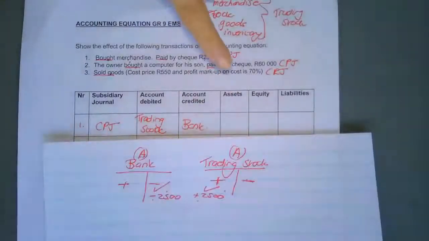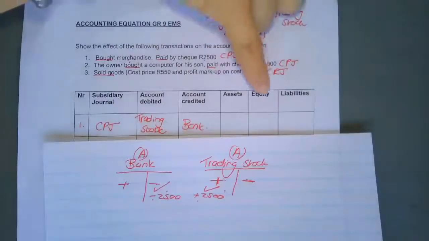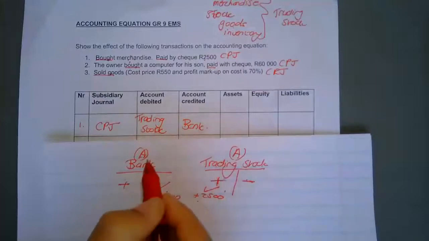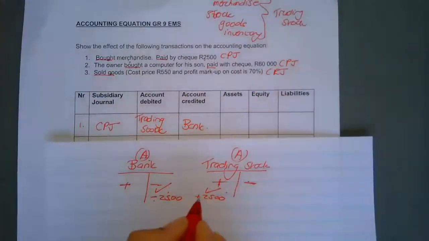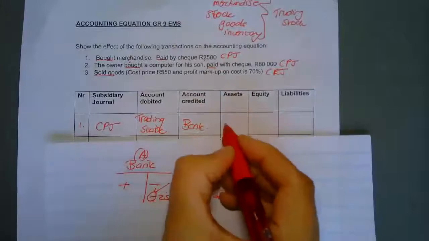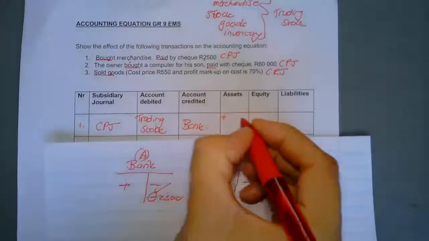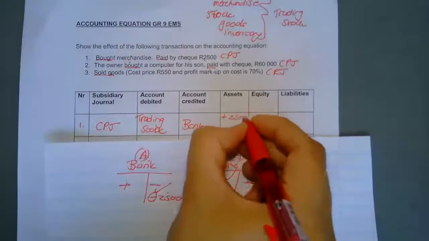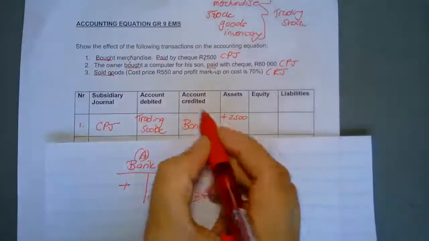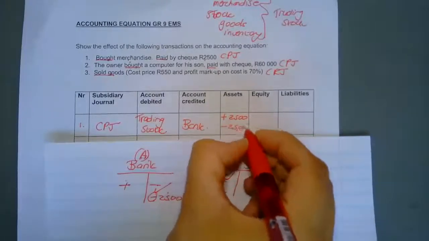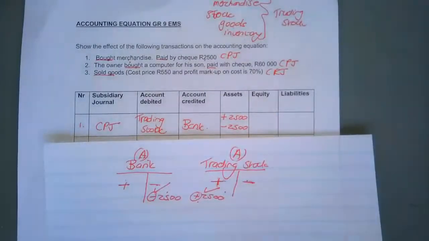Now you need to determine whether it's an asset, an owner's equity, or a liability. They are both assets. So you're going to write it down in the assets, because trading stock increases my assets because I have more trading stock, but I'm losing money from my bank, 2,500 Rand, and you are done.